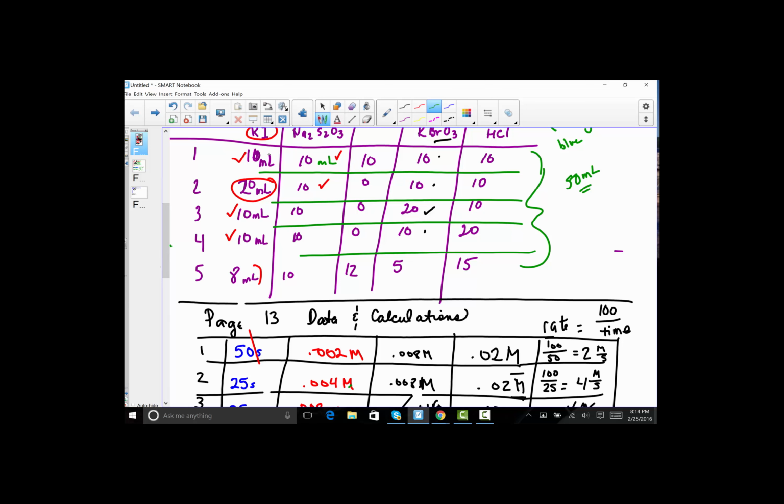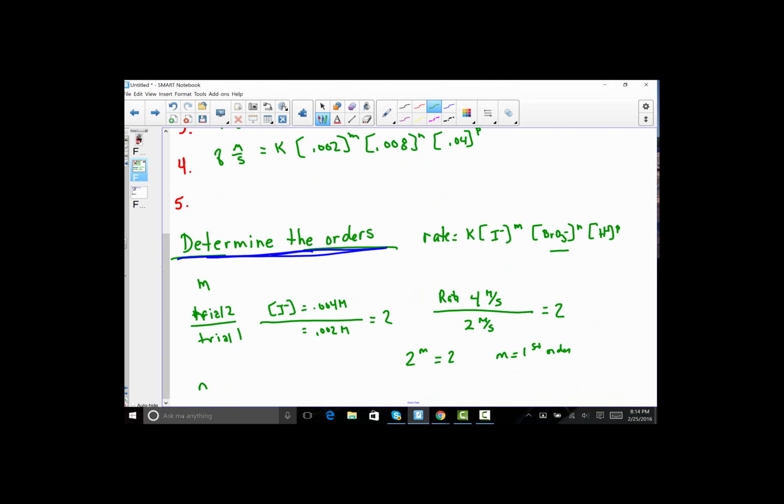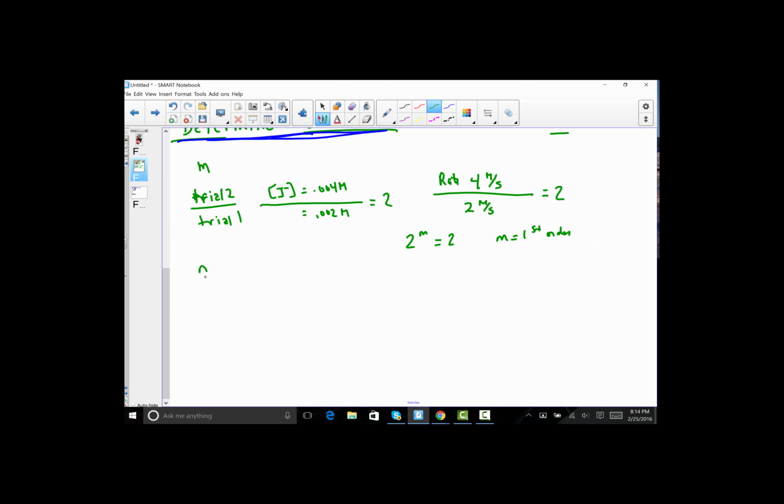If I compare trial 1, iodide is constant, and in trial 3, the acid is constant, but here I'm noticing I've doubled the bromate. We're going to use trial 1 to trial 3 to find the order with respect to bromate. That's the value of n.